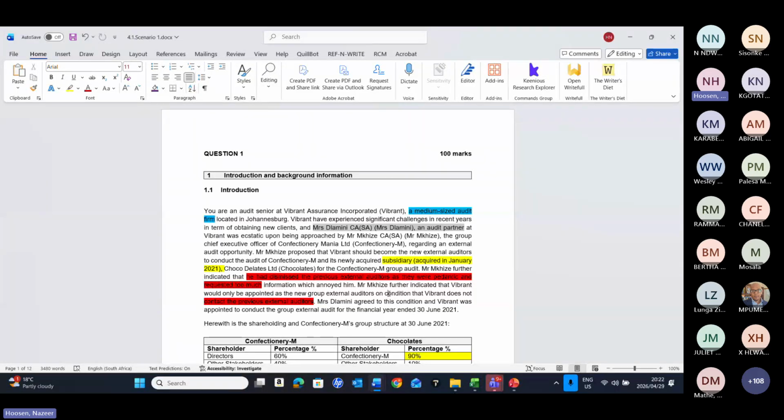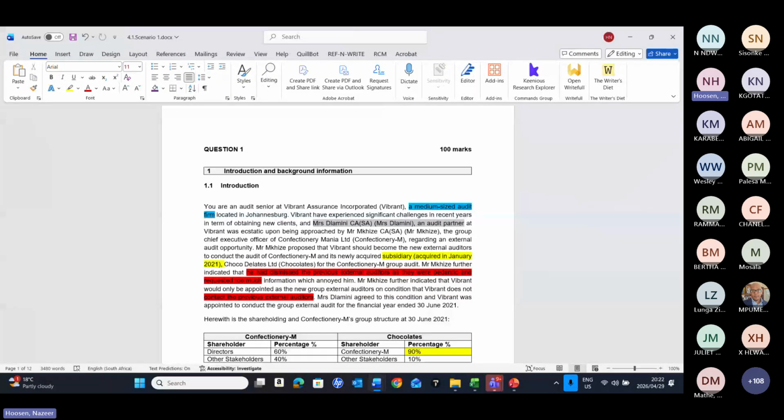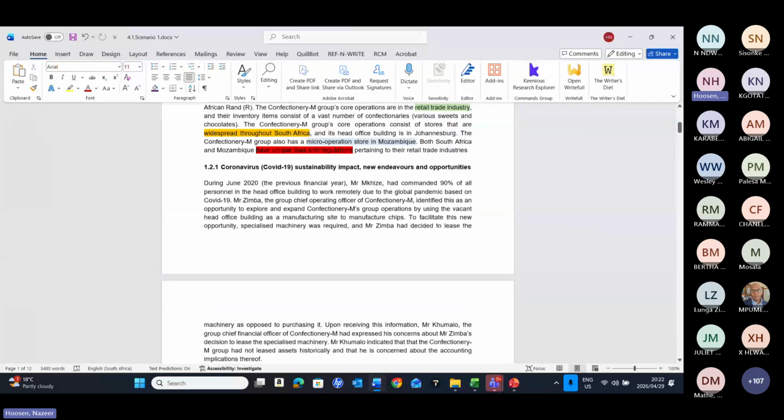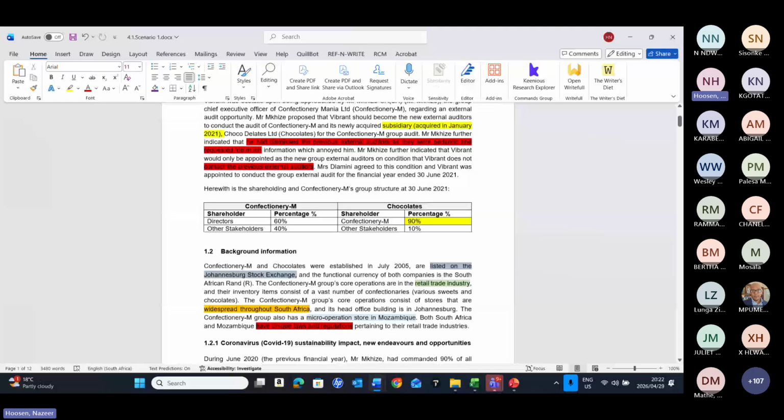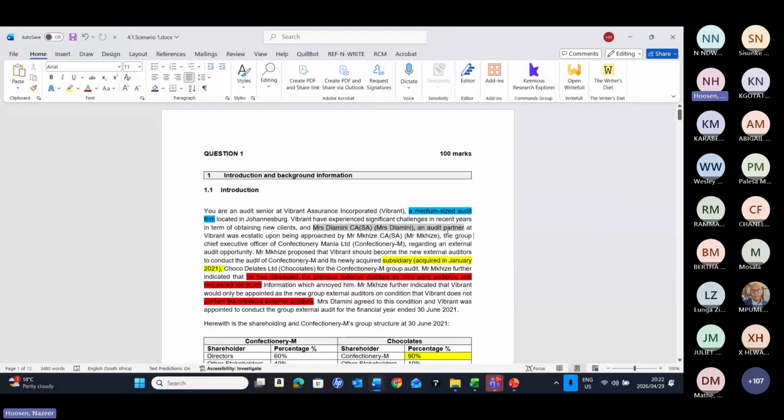So that's why, with all information that you read, you see how I have these highlights. I did not make comments on the side of the paragraphs, which I usually do, but you can make those comments, and whatever comment you make can be cryptic notes of what the paragraph tells you. Like, Mrs. Lamini, I say you could just make a small note: CPC, going concern question mark. JSC listed, risk of material misstatement, question mark. Those types of things.